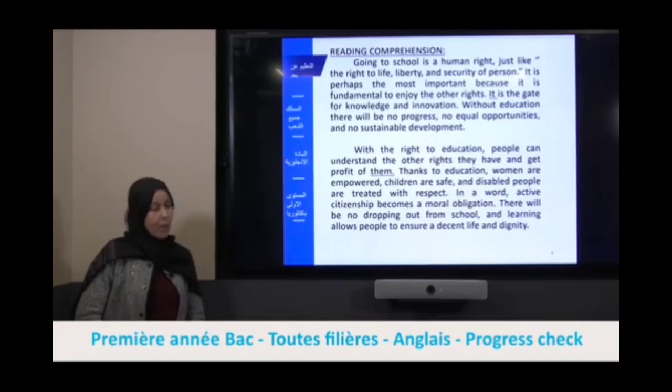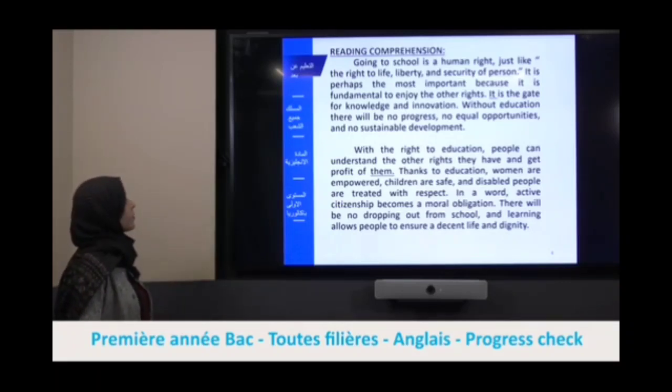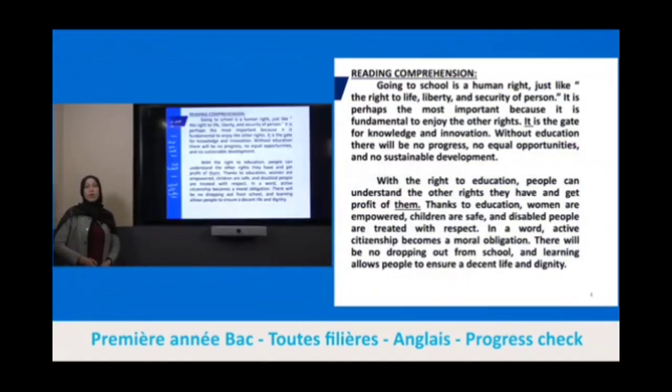So this is a text about human rights. Going to school is a human right, just like the right to life, liberty, and security of person. It is perhaps the most important because it is fundamental to enjoy the other rights. It is the gate for knowledge and innovation.